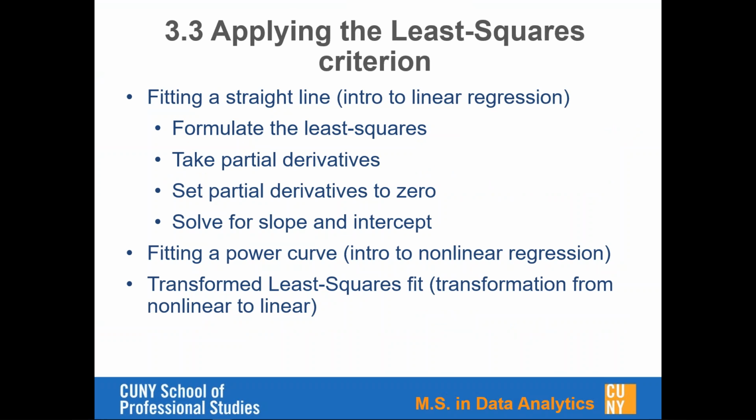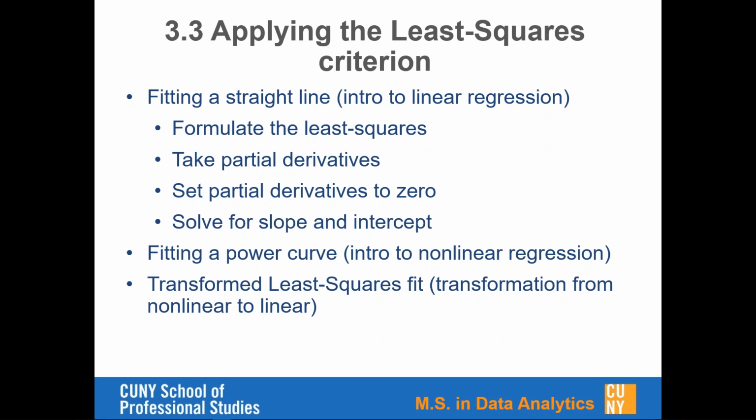I already talked about this intro to the linear regression formulas, the least squares. Take partial derivative and then set partial derivative to 0, and then solve for the slope and intercept. And then we could also fit a power curve, which would be a nonlinear regression, because as we just saw, y equals a times x raised to a power, which is already raised by more than 1, which is nonlinear.